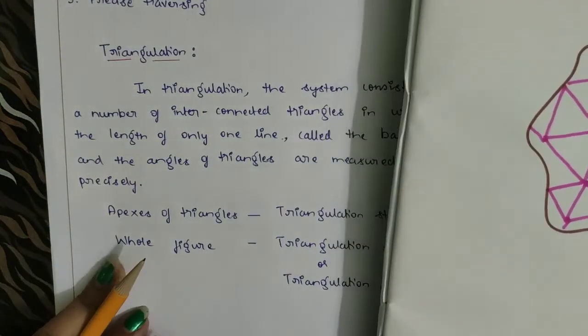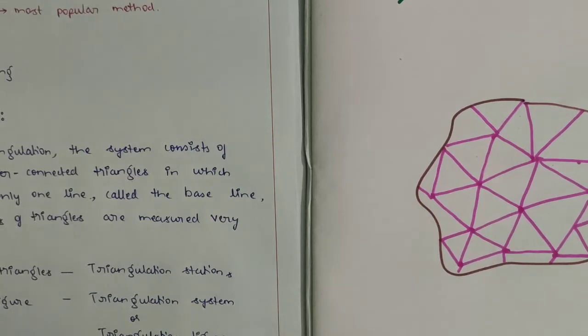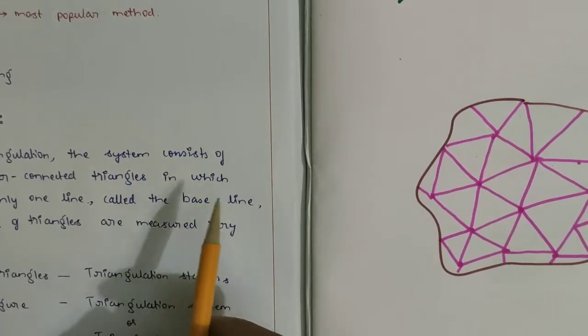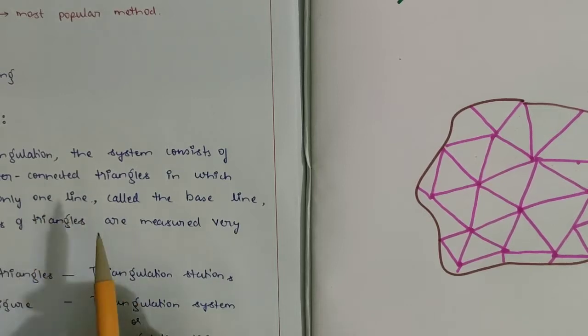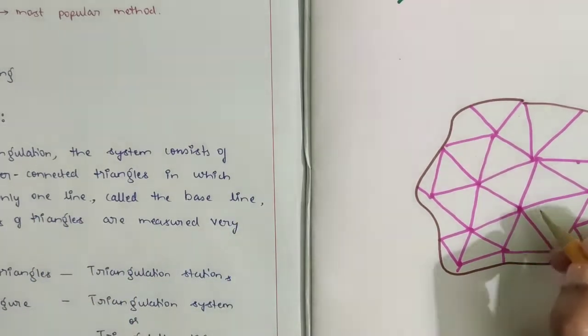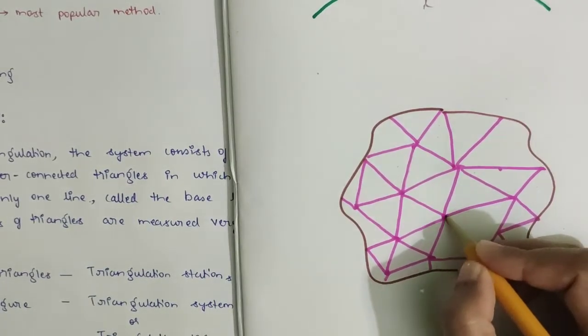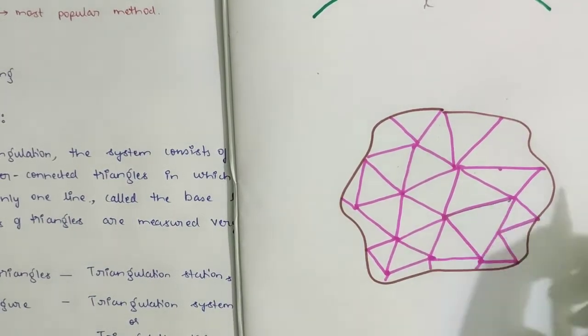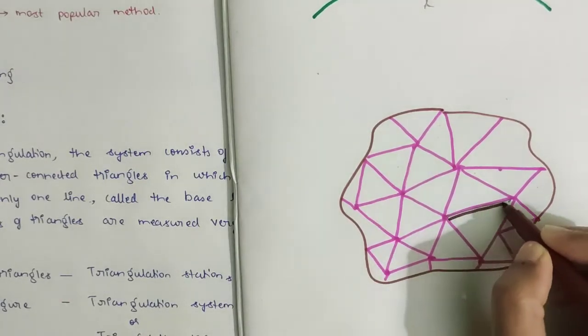Then, as I said, it is interconnected with triangles in which the length of only one line is measured, that is called the baseline. Suppose let us take this as our baseline.